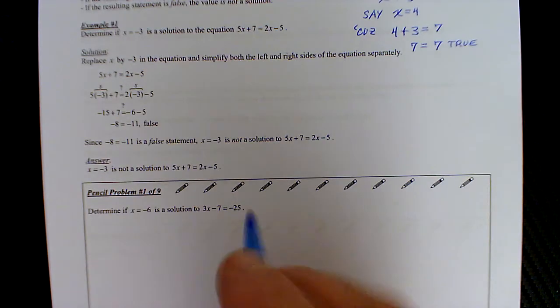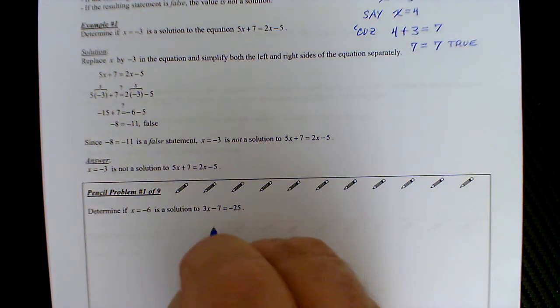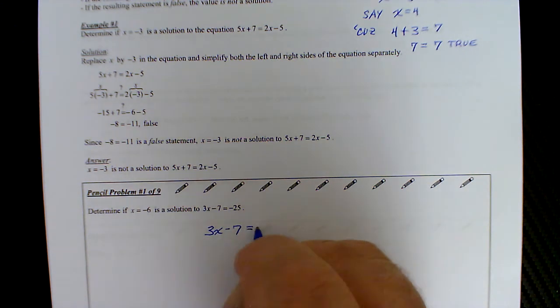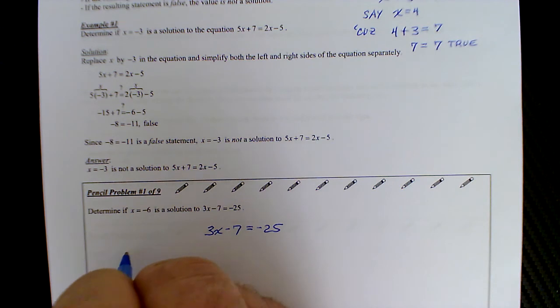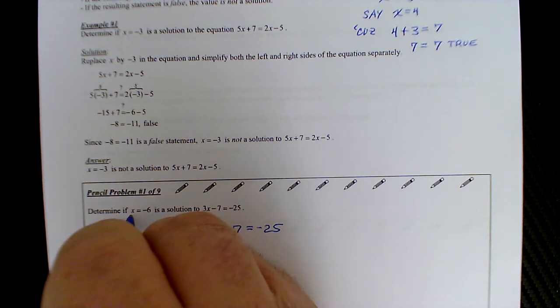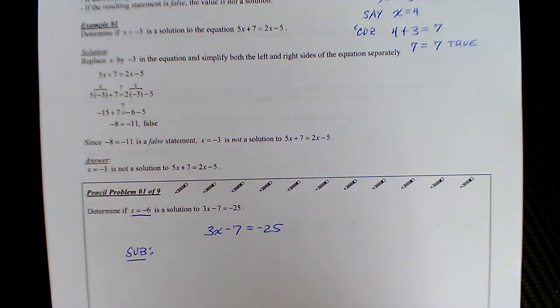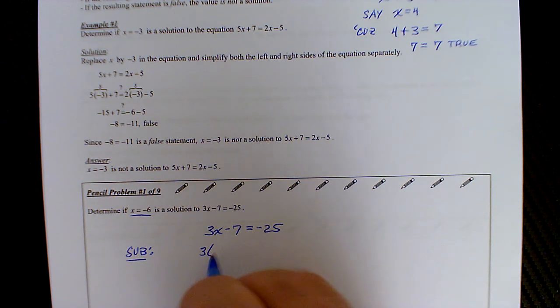In the pencil problem, I'll recopy: 3x minus 7 equals negative 25. Okay, we'll make a substitution or replacement, and note our proposed solution is x equals negative 6, so replace the x by negative 6 as we've done in the past. Remember, put parentheses around the value that we are substituting.